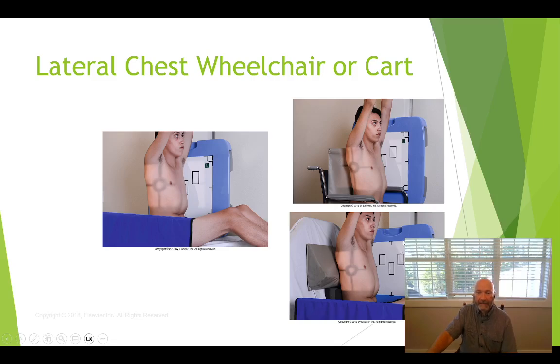In this case, looking at these images, one thing that you'll see in registry review books over and over again is this. If you were to shoot this image, these things are representative of the automatic exposure control. We're going to talk in depth about how automatic exposure controls work in our physics class, but in general, what they are is radiation detectors.